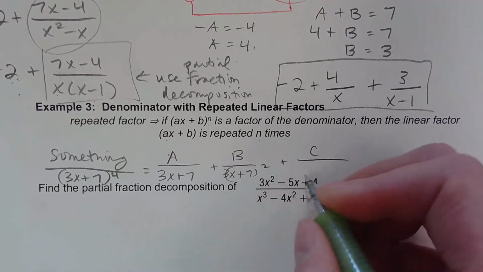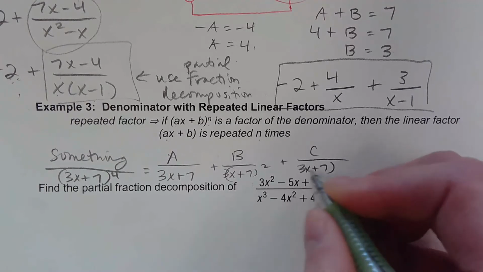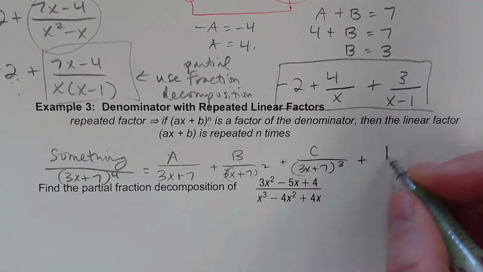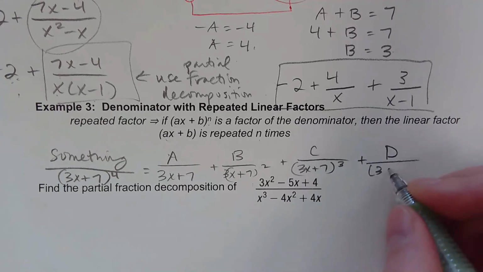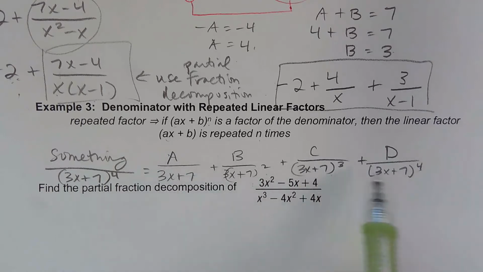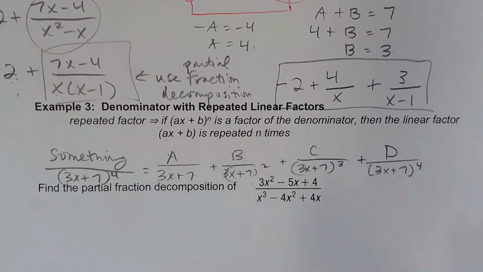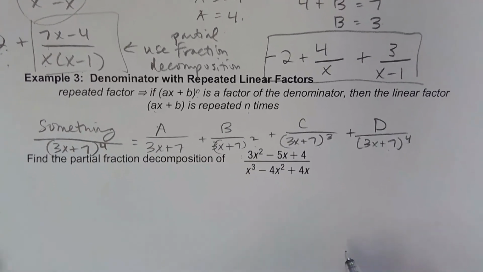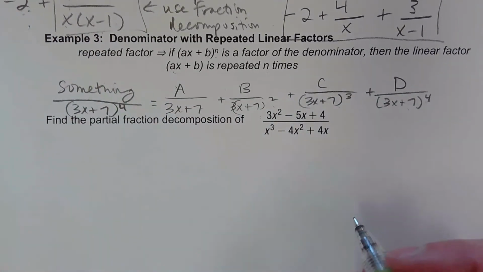And then I would have another constant over the 3x plus 7 cubed. And then my last constant would be over the 3x plus 7 to the 4th. So it's repeated 4 times, and the power goes up as 1, 2, 3, 4. So that's the part that I think is kind of hard to word here in this rule. It's hard to understand. So now we're going to look at an example of that rule.